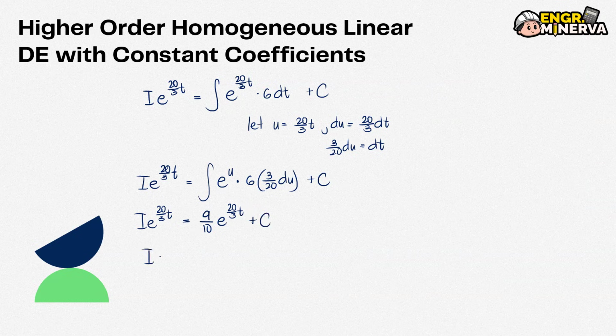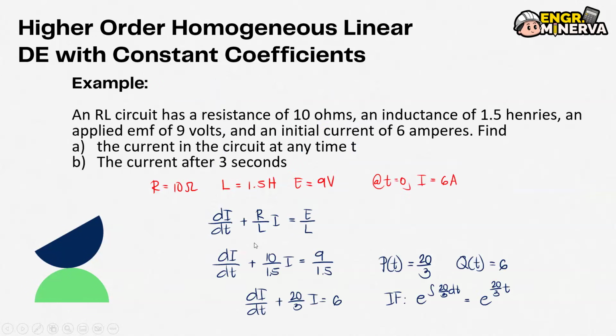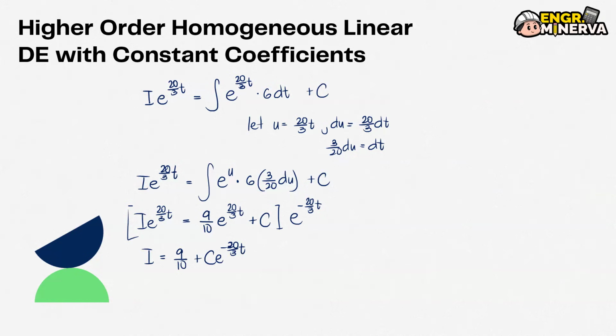And your i would be equal to 9 over 10 plus c e raised to negative 20 over 3t, because we multiply the whole equation by e raised to negative 20 over 3t. But we need to find the value of c. We can get that from our initial condition. At time equals 0, the current is 6 amperes.